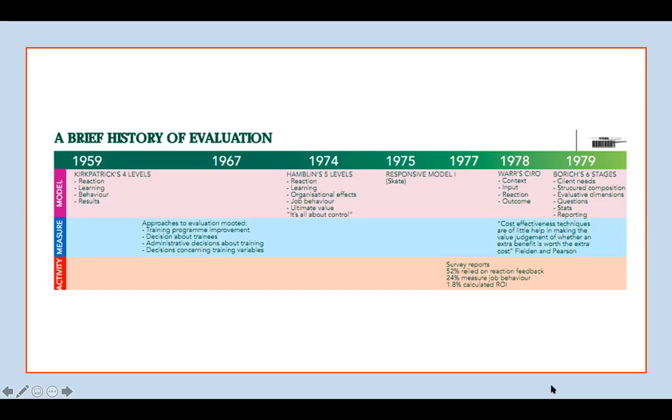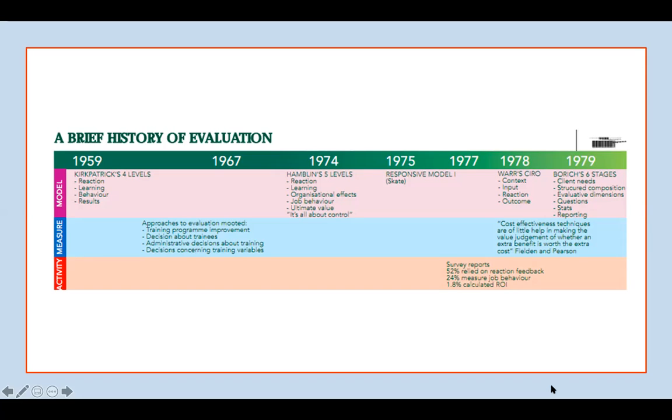And then in 1979, you had Barish's 6 stages, where you're looking at things like your client needs, your structured composition, so how structured was the training, evaluative dimensions, so you're looking at all the different dimensions and all the different parts that you're going to evaluate, any questions that may have arisen out of the evaluation, the statistics related to it, and again, you're talking here about things that are very measurable around statistics.